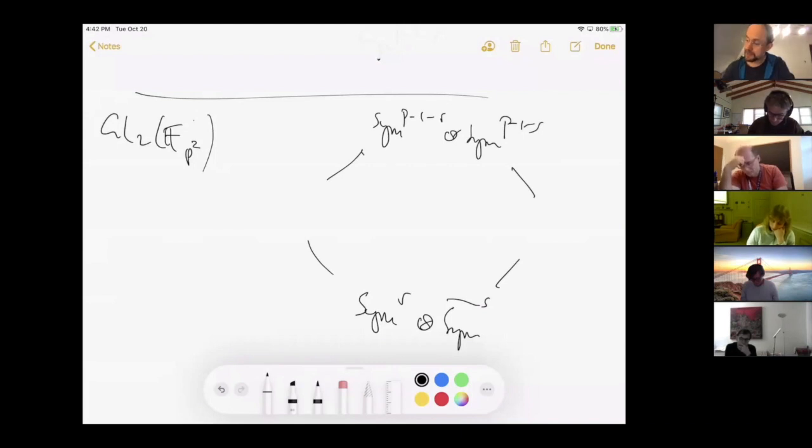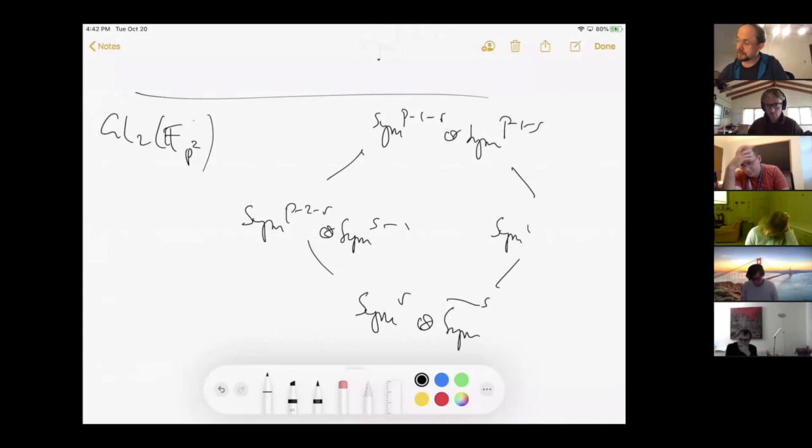So here you get Sym p minus 2 minus R tensor Sym S minus 1. And here you get Sym R minus 1 tensor Sym p minus 2 minus S. And these would have been a bit hard to guess a priori.